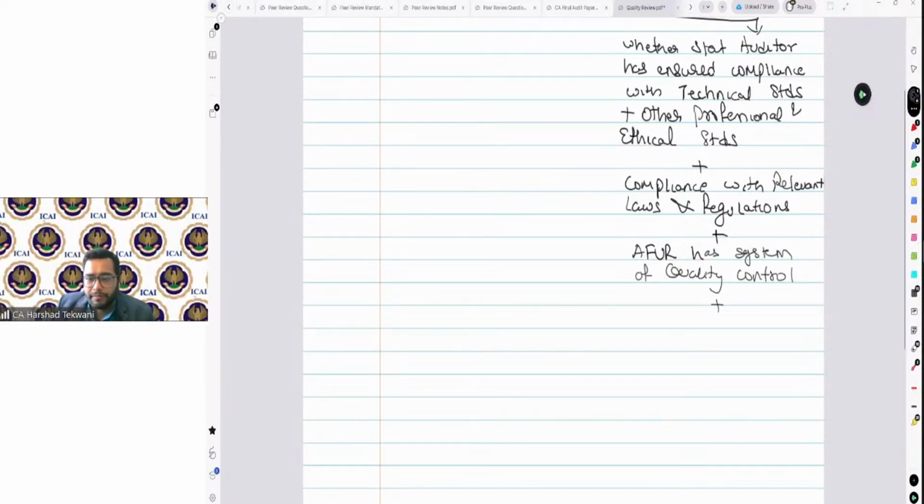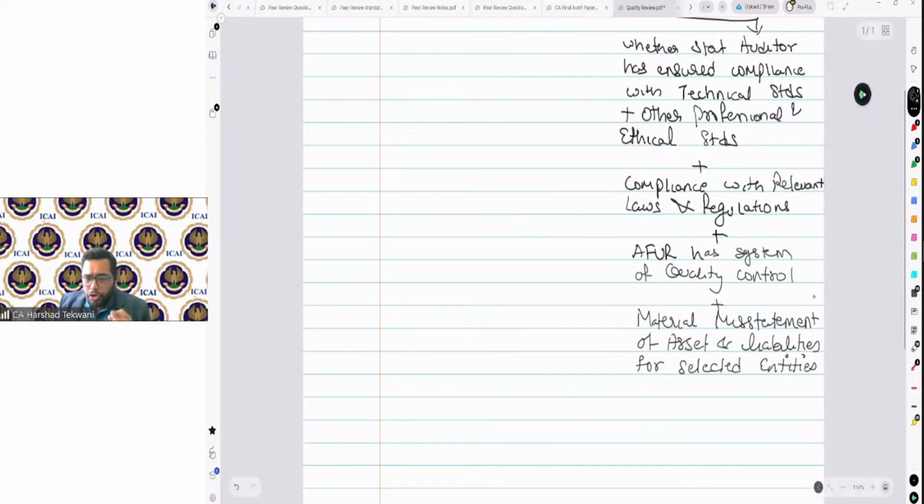So we'll check material misstatement of assets and liabilities at the reporting date in respect of selected entities. So these are the areas that are covered under the quality review.